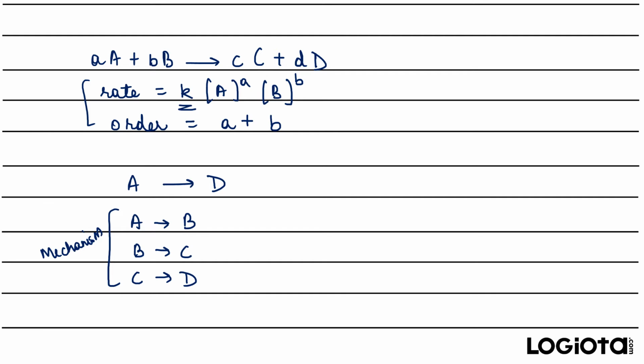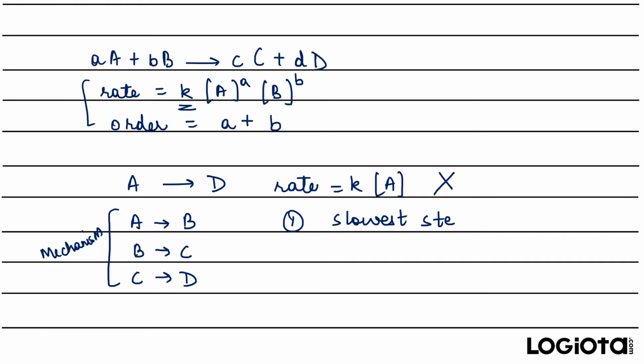Now, to write the rate law for this reaction, we cannot just write rate is equal to k multiplied by [A]. This would be wrong because we don't know which is the slowest step and which is the fastest step. So while writing the rate law, you need to consider the slowest step, okay?